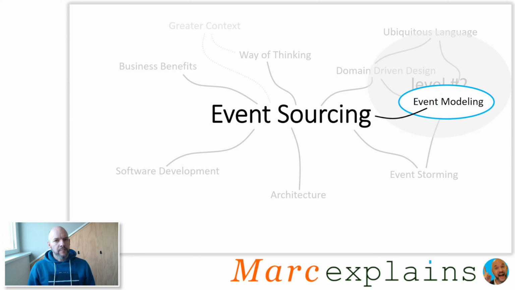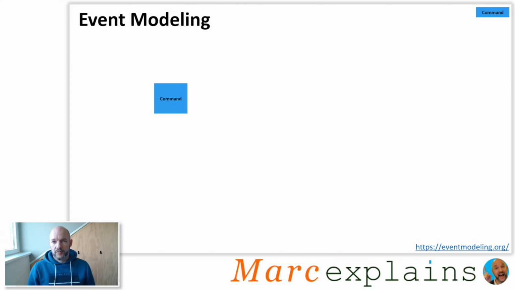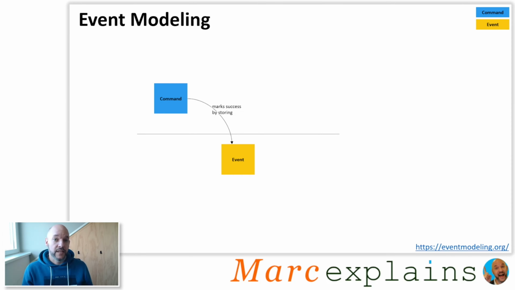What about event modeling then? Well, let's get back to the pattern of event sourcing where you have commands and events and queries or projections or views. So first we have the command. Generally this is modeled as a blue box. Then the command should, when it's successful at least, produce at least one event.